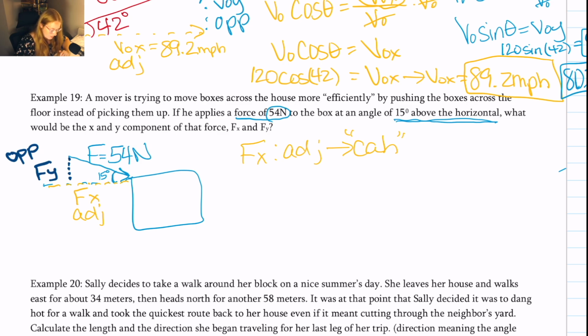We're doing the same thing every time, and it gets easier and easier as you go along throughout the year. Adjacent is a cosine function: cosine of that angle equals adjacent on top, hypotenuse on bottom. Use your variables. So adjacent, Fx, hypotenuse, the original F. Okay, solve for Fx, move the F to the other side.